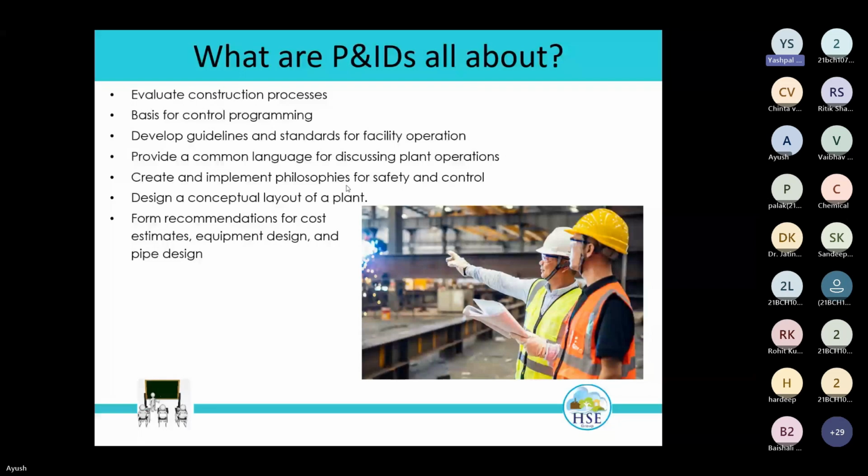Again, it's a language, as I told you. This helps the operation team in discussing and understanding the projects, and in giving training to the operation team for the process. So this is the basic language for any process plant.